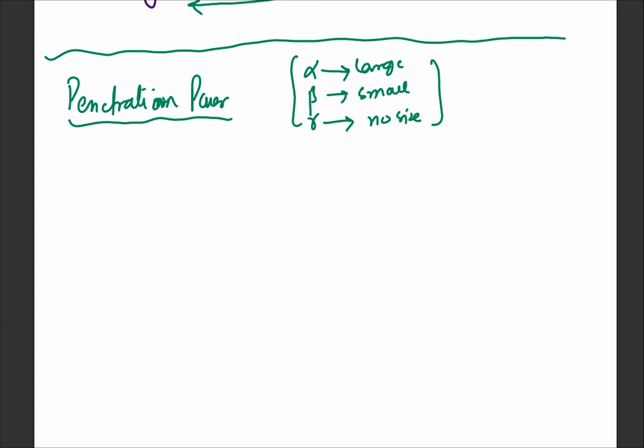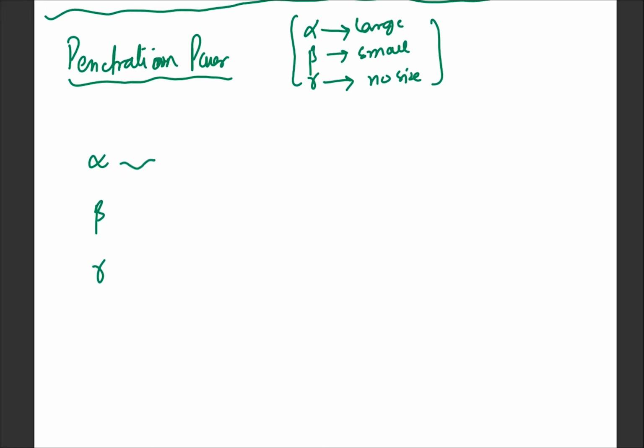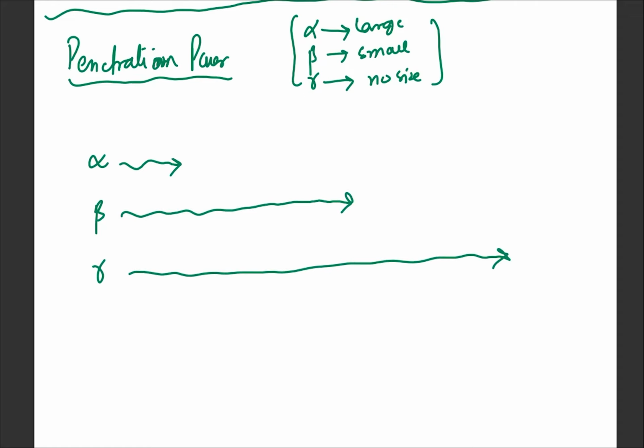So to understand this better, you will see this MCQ in the examination, that we introduce alpha radiation, we introduce beta radiation, and we introduce gamma radiation, right? And see what happens with the GM tube. So to stop an alpha particle, it's going to be good enough if you just place a piece of paper.